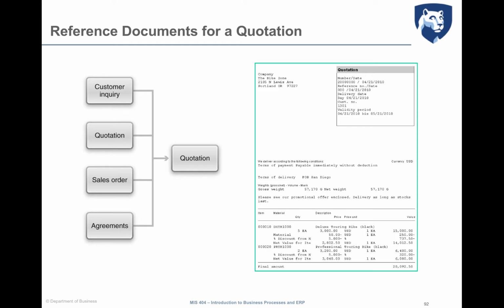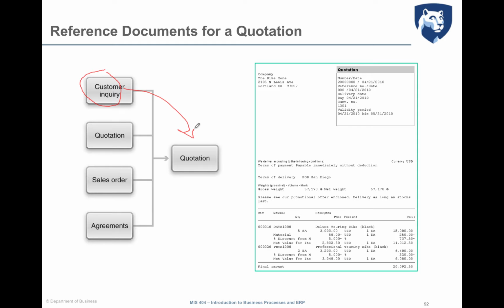Of course, the quotation can be created with or without reference to existing documents. Generally speaking, the customer inquiry should exist, though it can be more or less formal. I can just visit the customer and he can ask me informally for something that I can satisfy, or he can send me a formal document asking for what he needs, and I answer back. When the quotation is created without reference, all of the necessary data must be provided when the quotation is created.